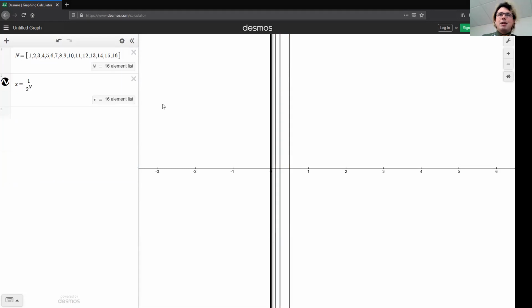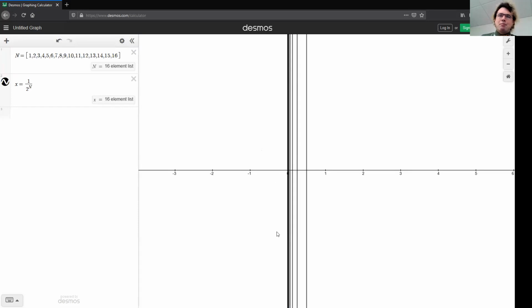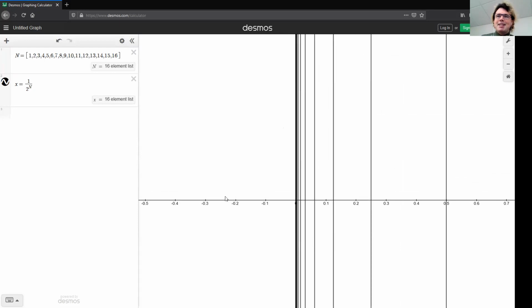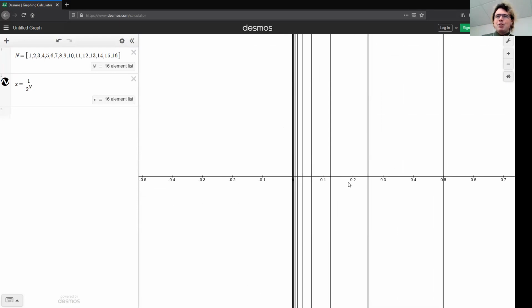Now, something to notice here is that since I'm zoomed out this far, eventually I can't actually tell these sequence values apart. They are so close together that the pixels are just overlapping and they might as well be the same. Now, granted, I can zoom in a little bit more, but I get a similar picture.